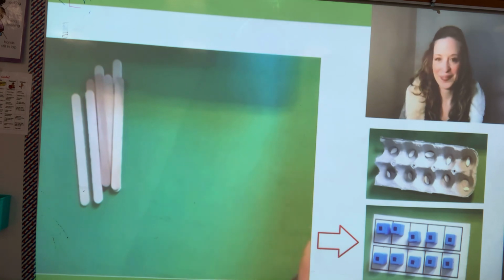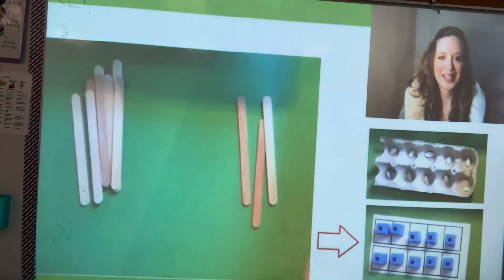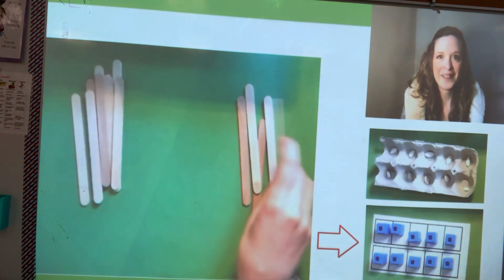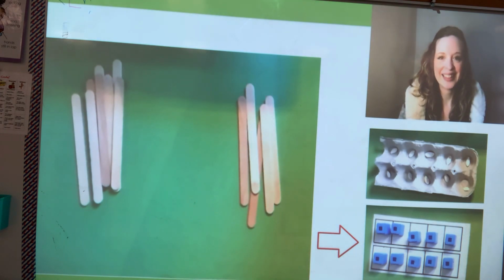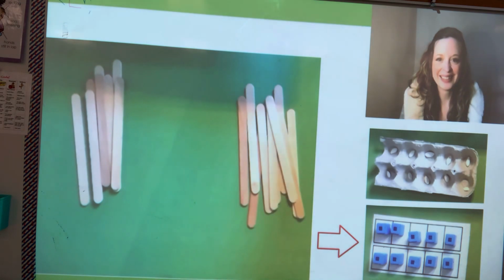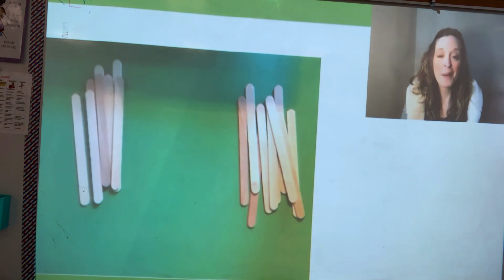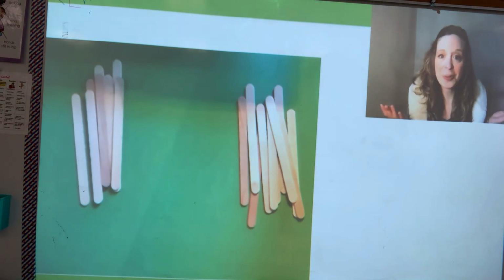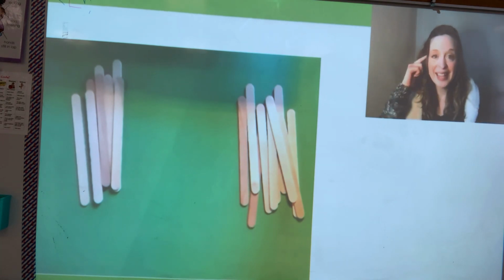Go. 1, 2, 3, 4, 5, 6, 7, 8, 9, 10. We have another pile of 10. How many piles of 10 do we have now? Think. Okay, show with your fingers how many piles of 10 we have.